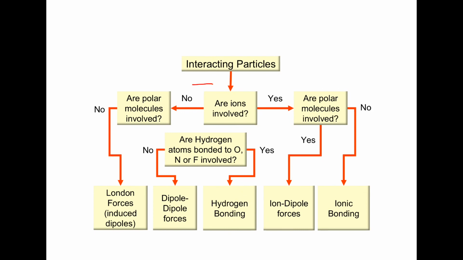But if it's not, you're limited to dispersion, dipole-dipole, or hydrogen bonding. And London forces are the same thing as dispersion. So if you're having a hard time deciding what type of intermolecular forces a molecule can do, you can practice using this flowchart.